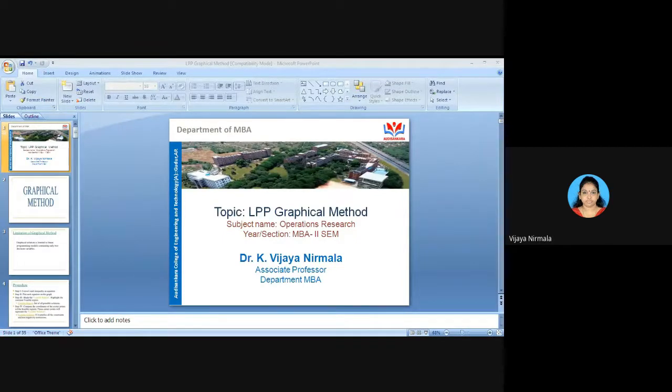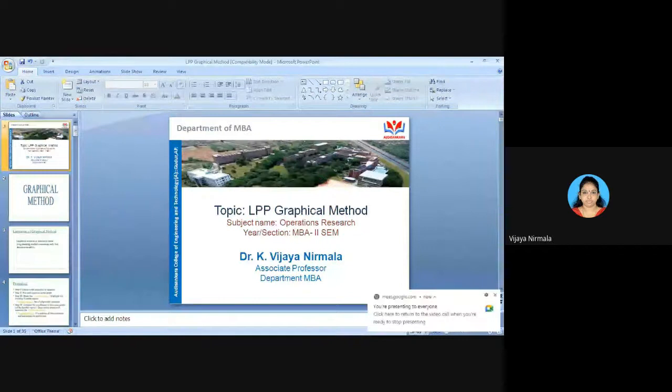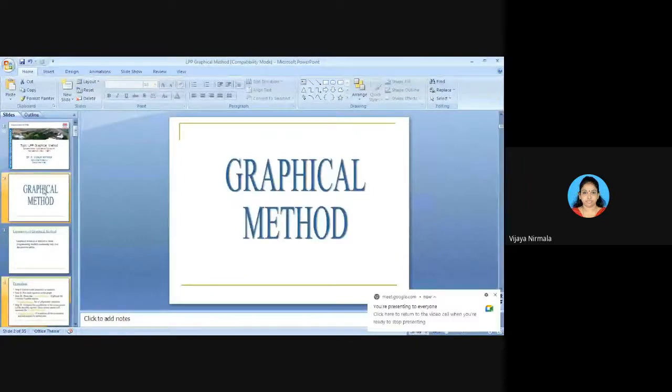Now, in today's session, we will discuss how you solve the problem using the graphical method. So let us see this in detail. In your exam also, if this problem is given, you need to solve it using a graph.